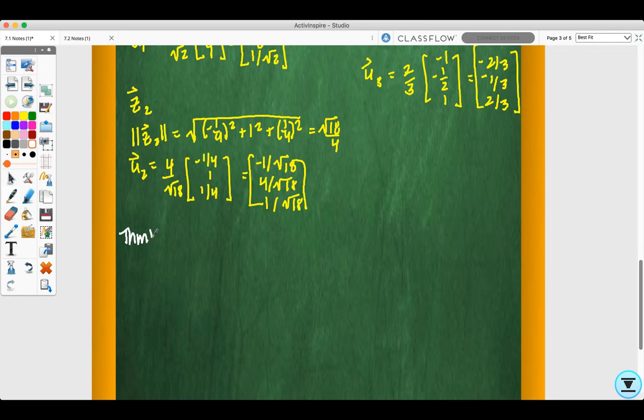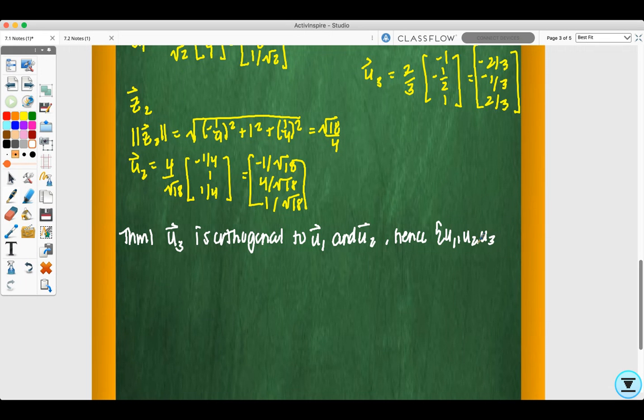From theorem 1, U3 is orthogonal to U1 and U2. Hence, U1, U2, and U3 is an orthogonal set.